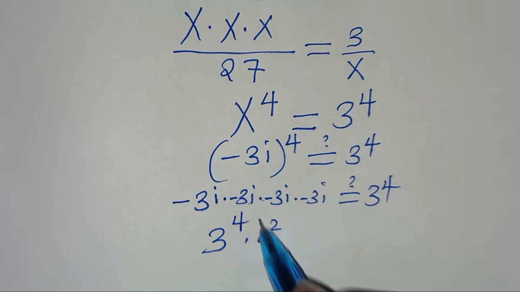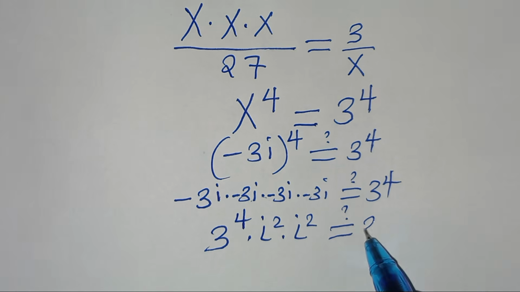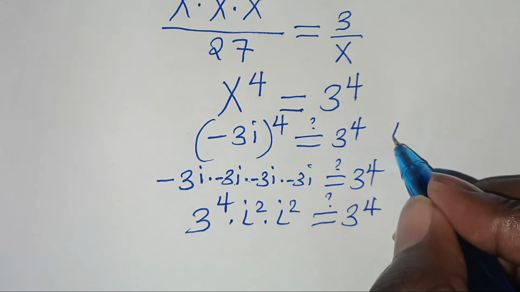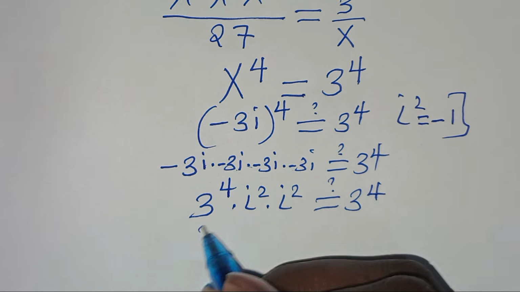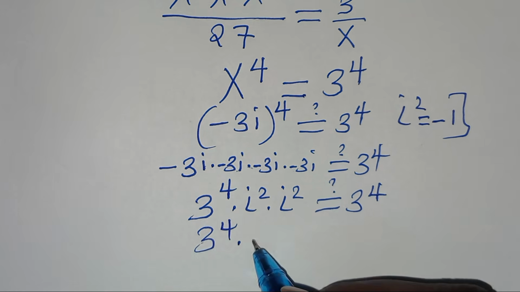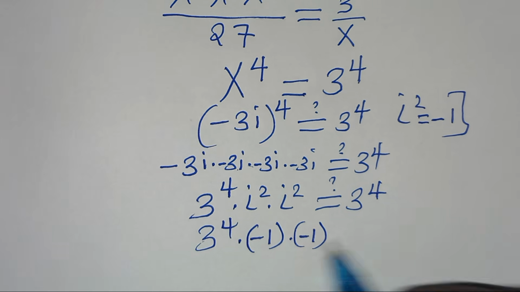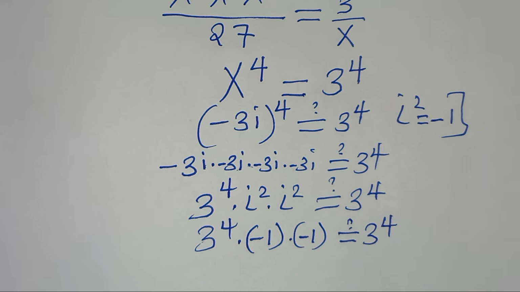This is i squared times i squared. This should be equal to 3 to the power of 4. So we have that i squared is equal to negative 1. So we have 3 to the power of 4 multiplied by negative 1 multiplied by negative 1. This should be equal to 3 raised to the power of 4.